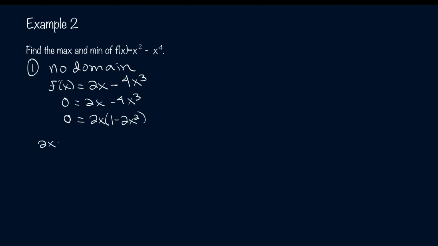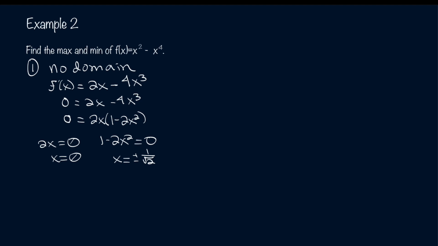We take 2x equal to 0, and that's going to be x equal to 0 for one of our values. And then we have 1 minus 2x squared equal to 0, and that is going to get us x equal to plus or minus 1 over the square root of 2. So those are going to be our 3 critical points.